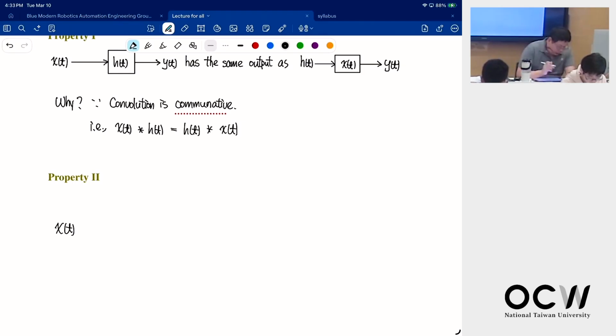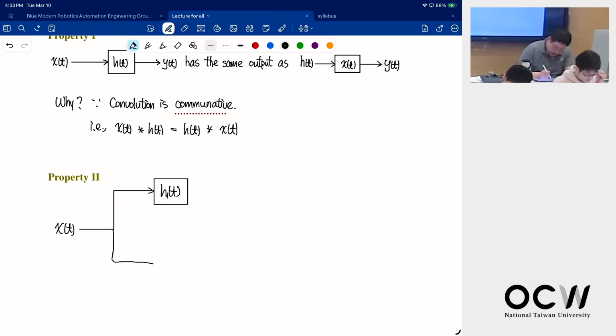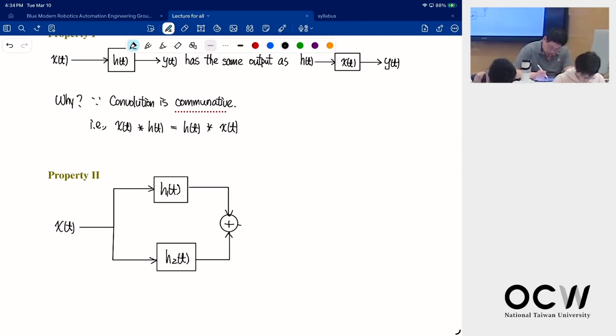Number 2, if I send the input to two different systems, first I send it to h1, and then I also send it to h2, and then I add them together to get the output. So here's our output, y(t).